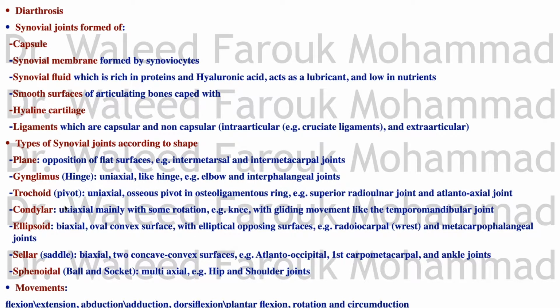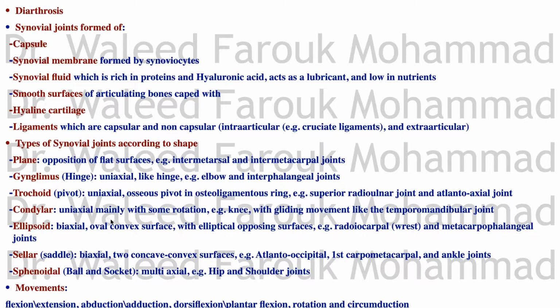Trochoid or pivot type, in which the bone rotates around a longitudinal axis. It has only one axis, uniaxial, and the joint rotates or pivots around this axis. Usually it's an osteoligamentous ring, like the superior radioulnar joint and the joint between the atlas and axis, the atlantoaxial joint.